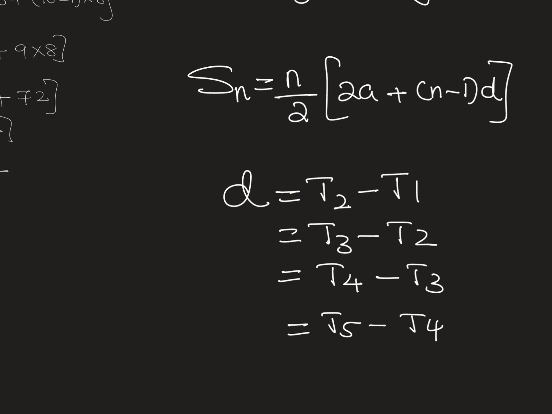What you have to understand is that the difference will be the next successive term minus the previous term, okay? Not the other way around. So you will always have to use the second term minus the first term, or the third term minus the second term, or the fourth term minus the third term, or the fifth term minus the fourth term.